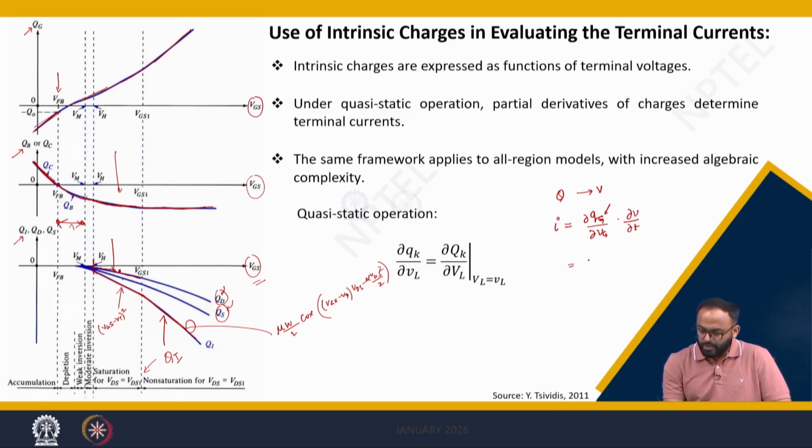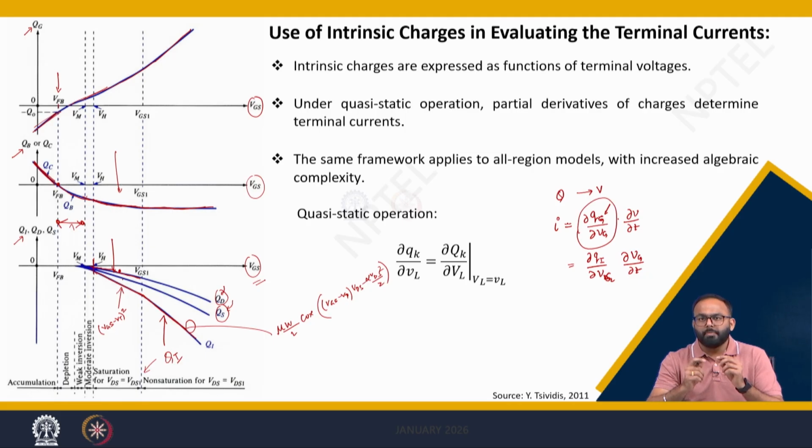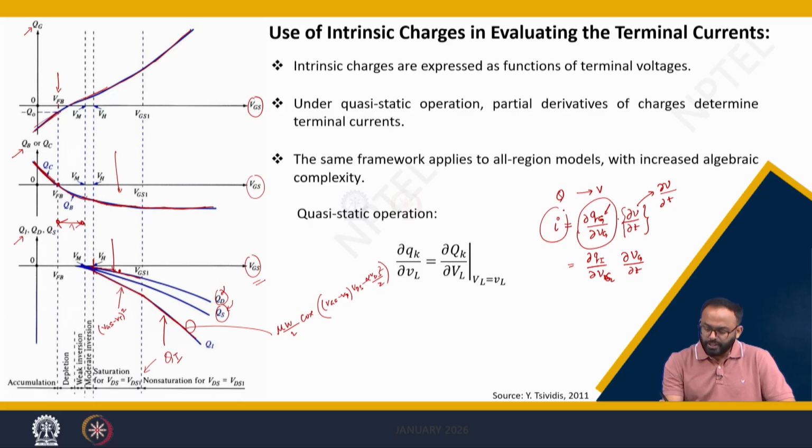Maybe if you want a drain, the change in the inversion charge, you can say delta Qi divided by delta Vd, or let's say Vg, into delta Vg divided by delta T. We have seen that chain rule in the previous lecture, and we have completed our job to form a relation between Q and V. Now this is nothing but how the voltage is changing with time, right? And if we multiply, then we can form a closed form of terminal current equation under quasi-static operation.